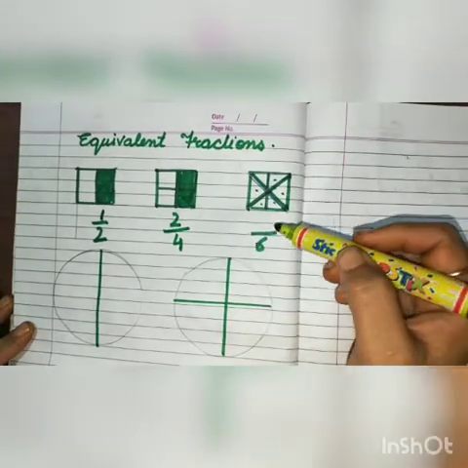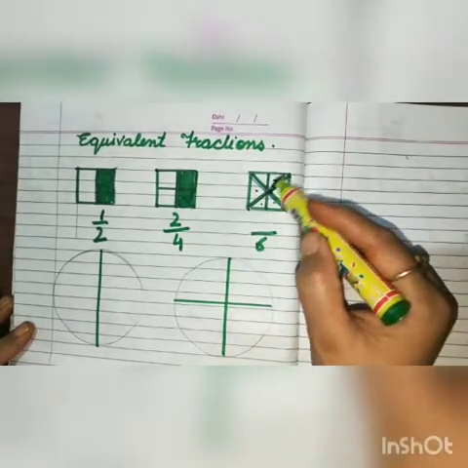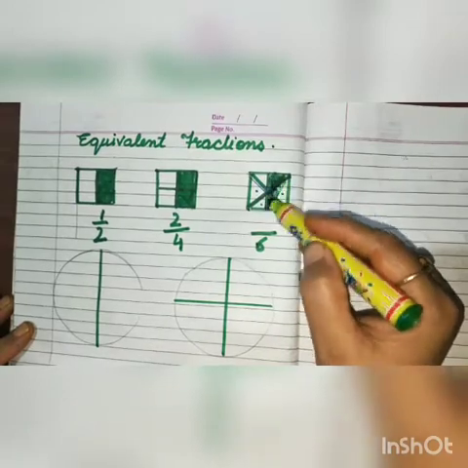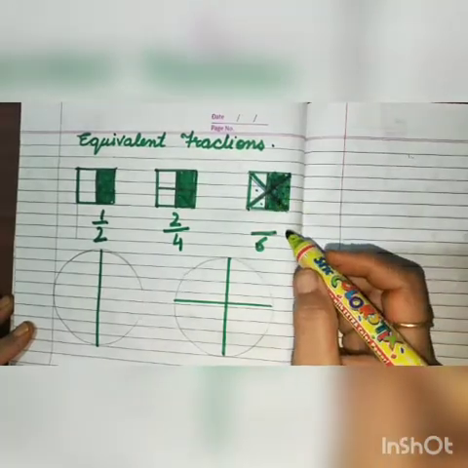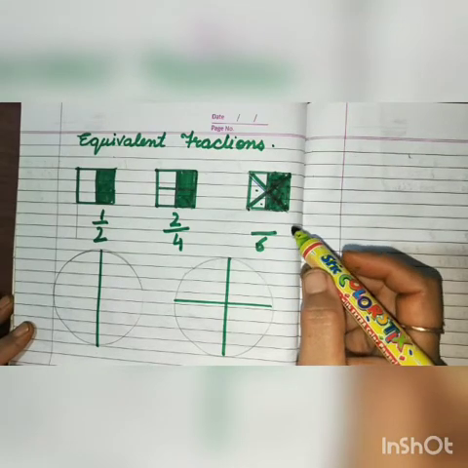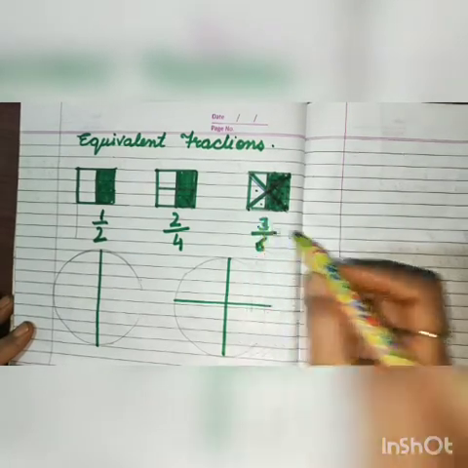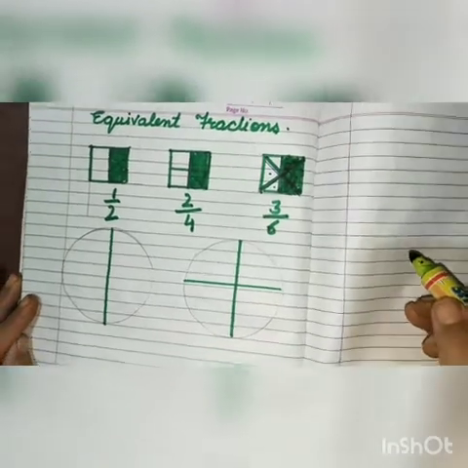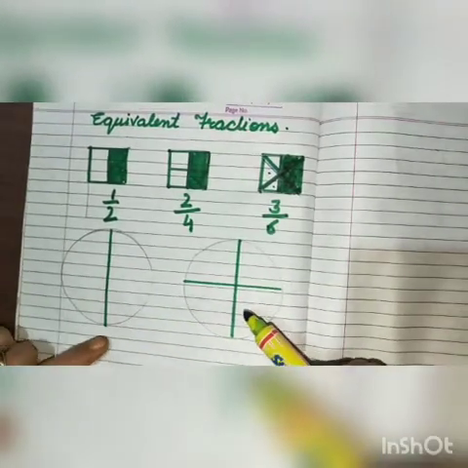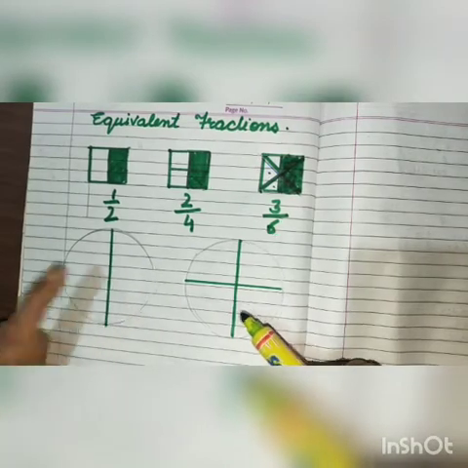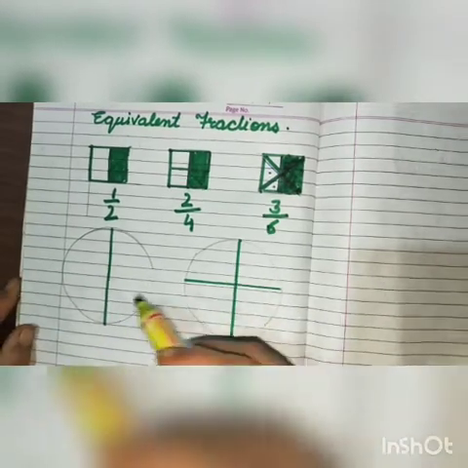Now out of these 6 parts, if I color 3 parts, how many parts have I shaded? 3. So what is the fraction of this shaded part? 3 by 6. Now look at these 2 circles. This circle I have divided into 2 equal parts, and here into 4 equal parts.